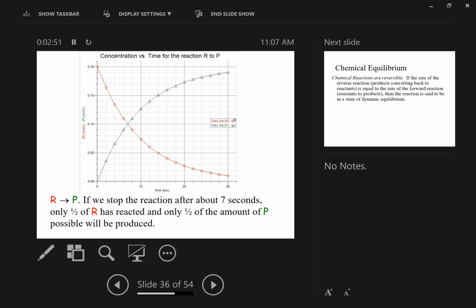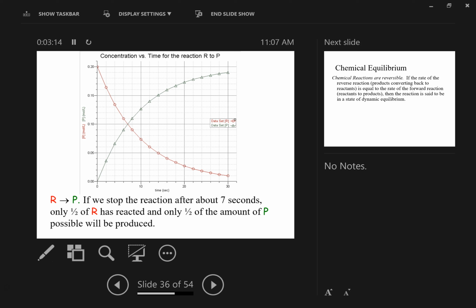This is a graph showing you a chemical reaction where the red represents the reactants. You can see this is concentration, and the red is decreasing over time. Time is along the x-axis, concentration is along the y-axis, and the green is the product. So you see the product creeping up.